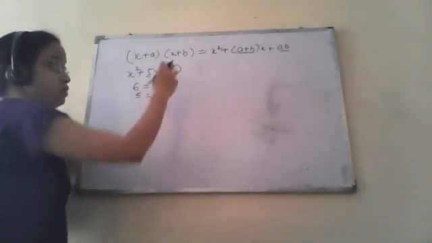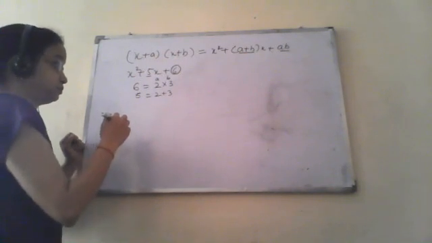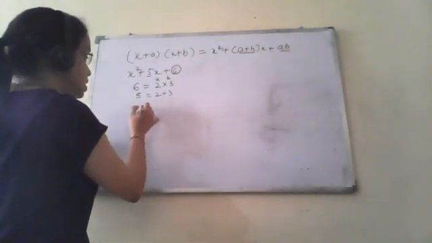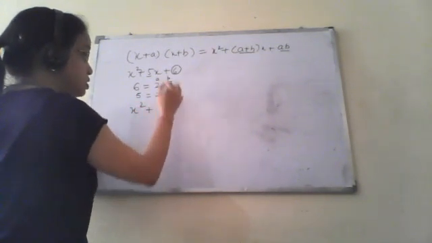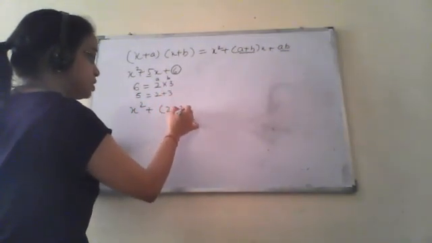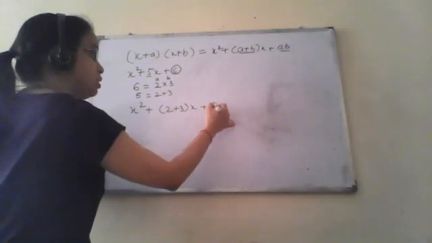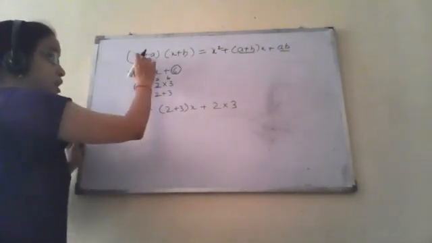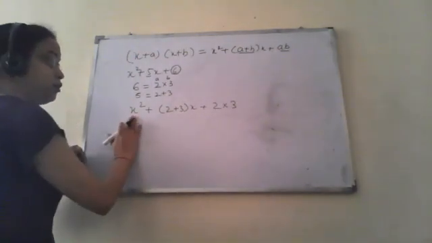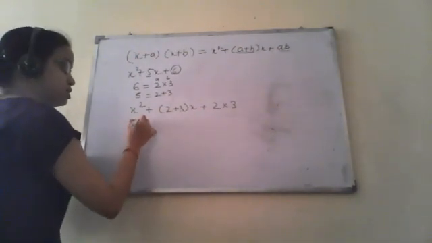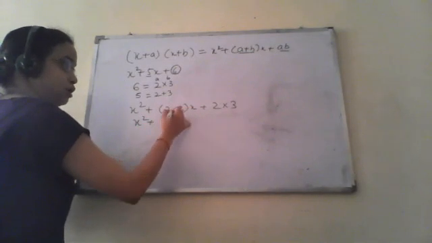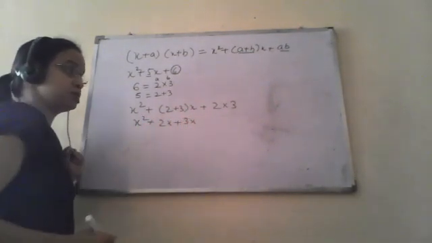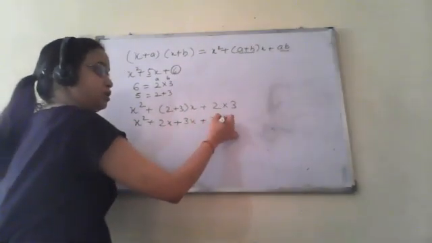So now how can we factorize? This is x square plus 5, which can be written as 2 plus 3, into x, and then 2 into 3. Expanding, it is x square plus 2x plus 3x plus 2 into 3.